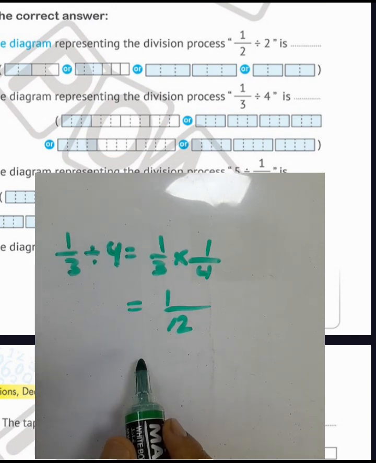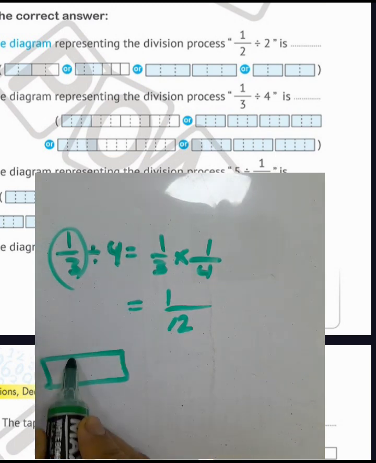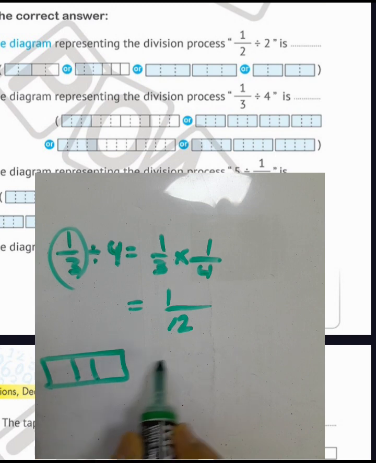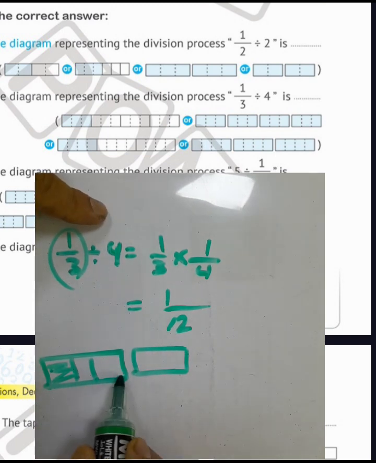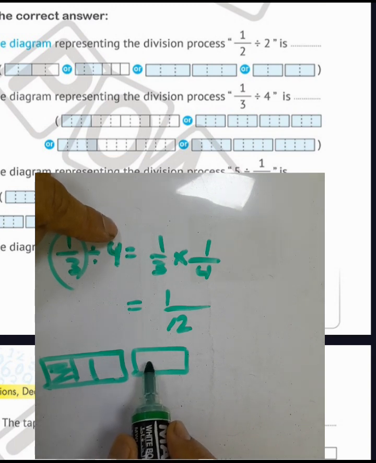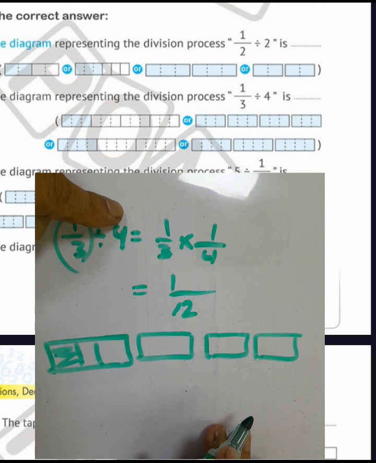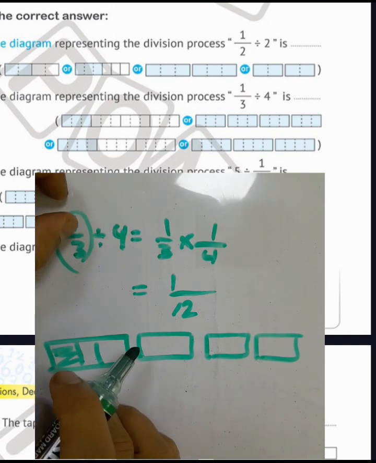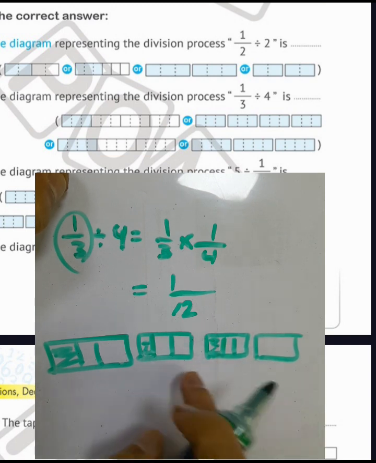It will be a fourth. Again a third, it means a third divided by 4: 1, 2, 3, 3 parts, and here again 4 parts. 1 over 3, repeat it 4 times. Okay, 1, 2, 3, and 4, 4 parts. Again draw 1 part colored from 3 parts, 1 part from 3 parts, and repeat it 4 times.